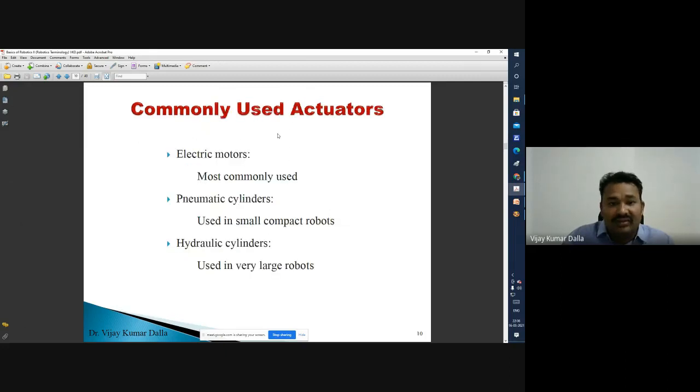So what are the commonly used actuators? Mostly electric motors are used for small compact robots. Pneumatic cylinders are used, and for very large robots, hydraulic cylinders are used.